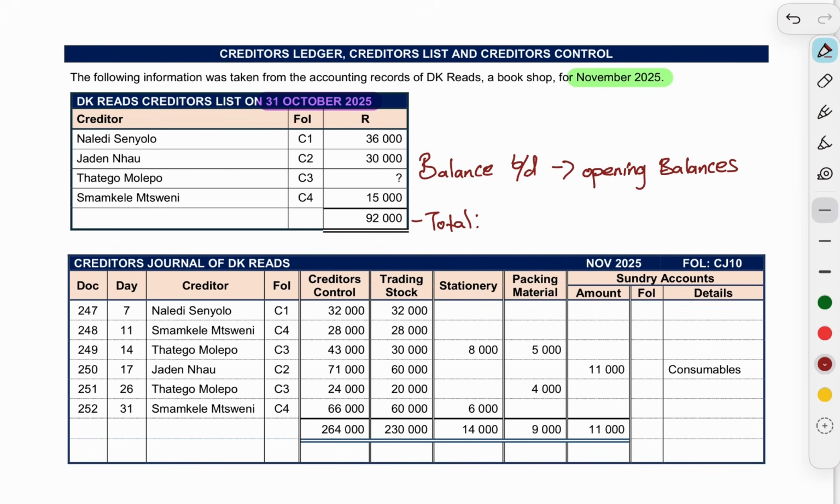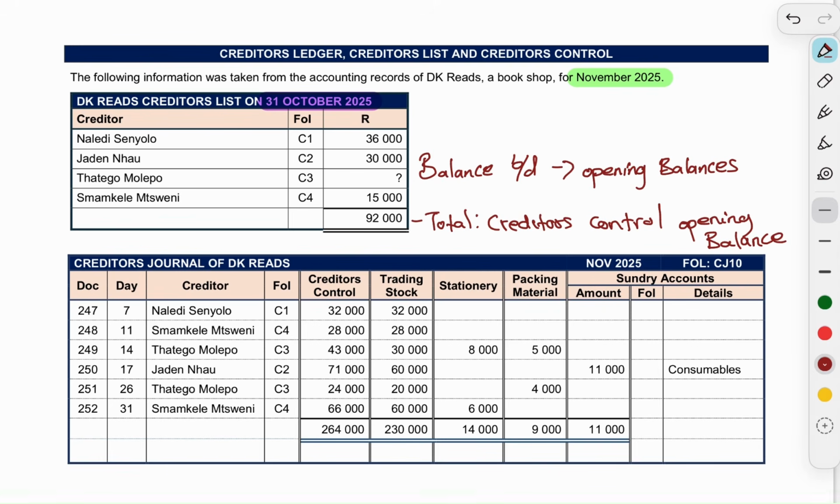This total is a summary of the balance of all our creditors in a nutshell. That means all of our creditors combined, we owe them 92,000, which is the balance that we can use as the opening balance for the creditors control account as well.